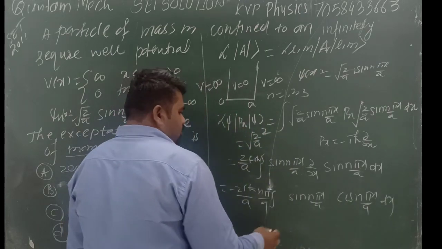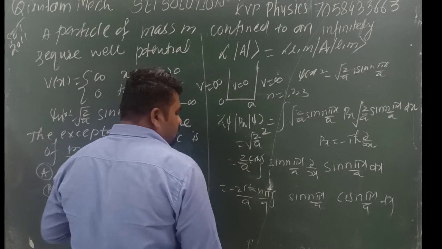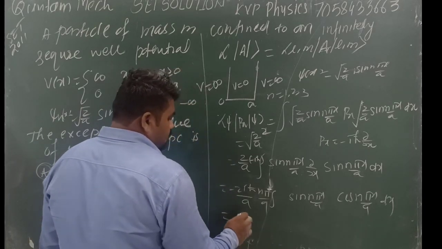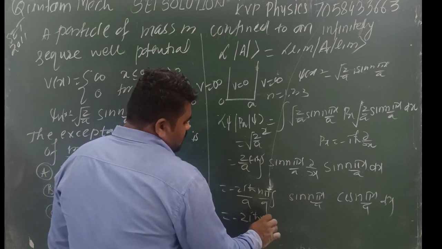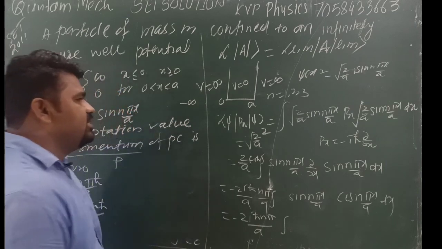We can use sin theta cos theta equals sin 2 theta upon 2. So this is equal to minus 2 i h cross n pi upon a square. What is the limit here?